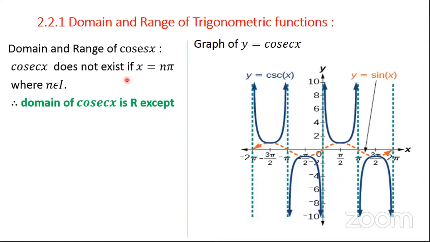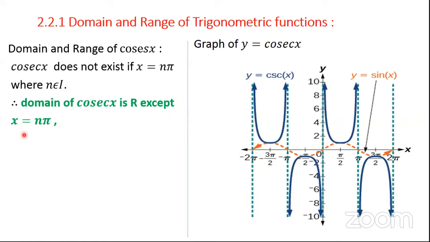Therefore, we can say that the domain of cosec x is the set of all real numbers, that is R, except x equal to n pi, because for that the value of sine is 0. So the domain of cosec x is the set of real numbers except x equal to n pi.